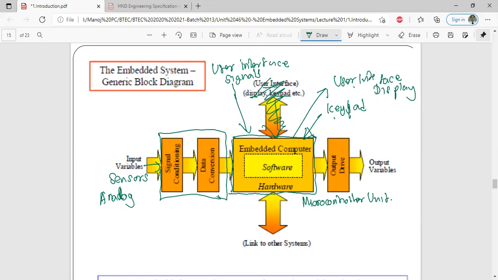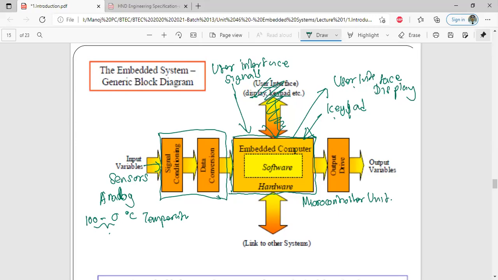So let's say the temperature: the maximum temperature is 100, the minimum temperature, let's say 0 Celsius. So between 0 and 100, it can have any value, right? This is for the temperature.